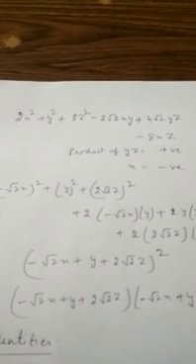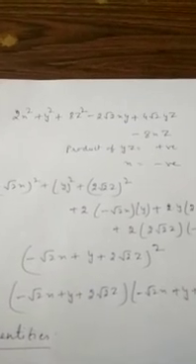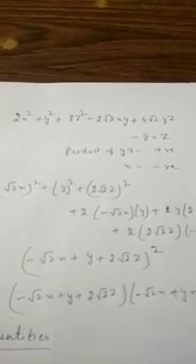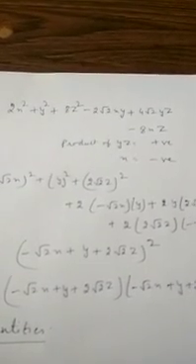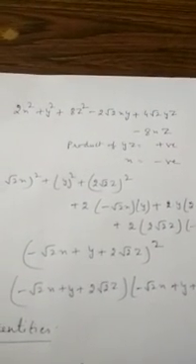Let's take one more example. Factorize 2x square plus y square plus 8z square minus 2 root 2 xy plus 4 root 2 yz minus 8xz.